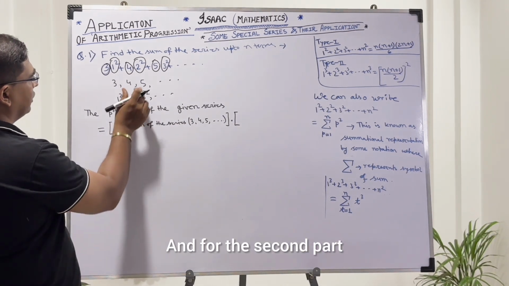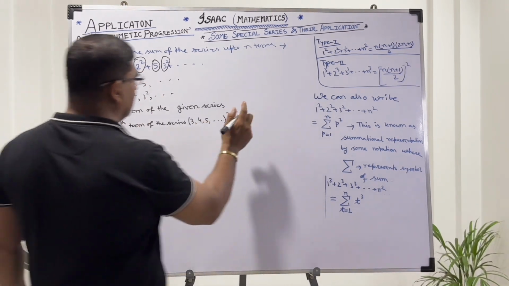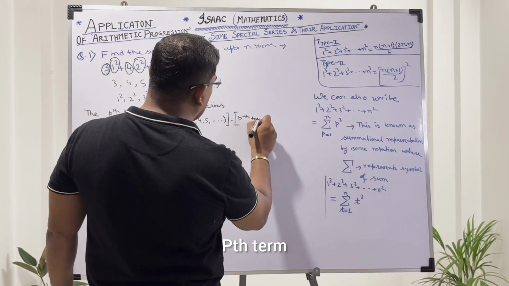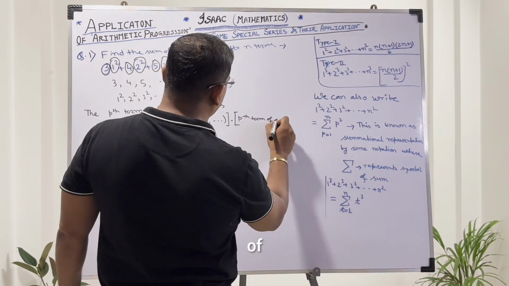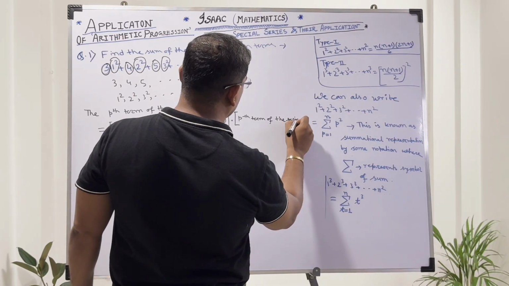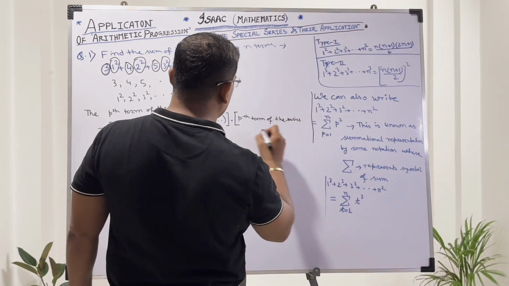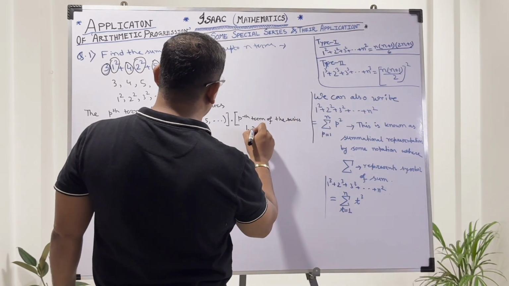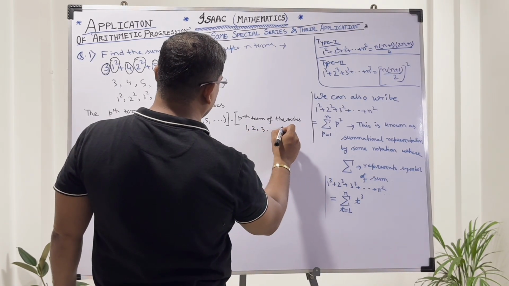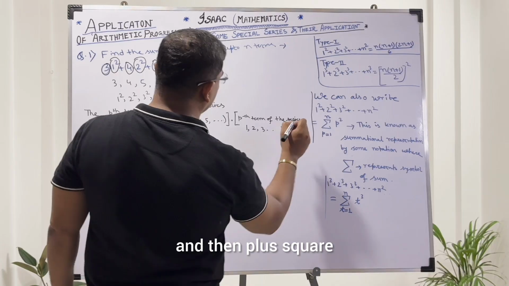And for the second part, this will be the pth term of the series 1, 2, 3 continuing, and then the square.